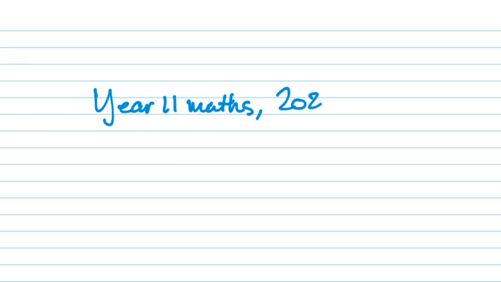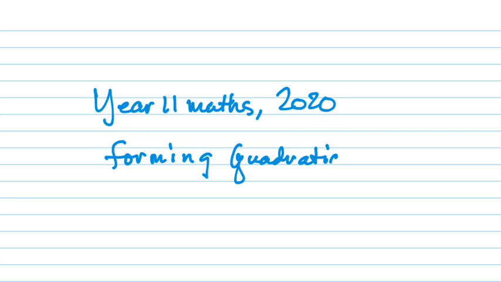We're going to talk about forming quadratic equations. What this means is that they're going to give you a sentence or some sentences, and you have to answer the question they're posing by creating a quadratic equation.